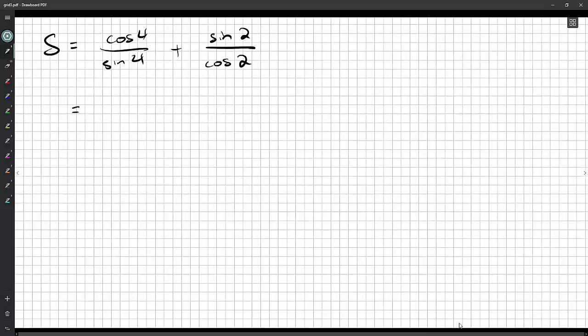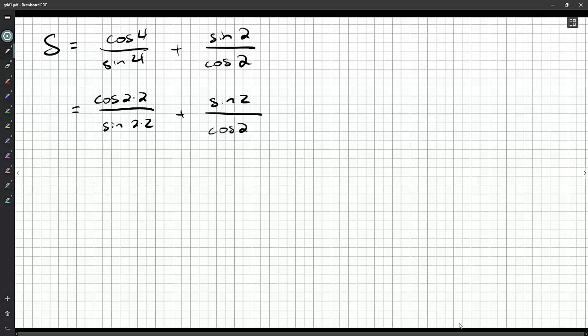Well, turn it into cos 4, and this is sine of 2 times 2. I guess I could write the top as cos of 2 times 2. But we want sine 2, and we want to change that cos 2 into a sine of 2 times 2. So we need to multiply by a 2 and a sine 2, and we'll multiply by a 2 and a sine 2 here.